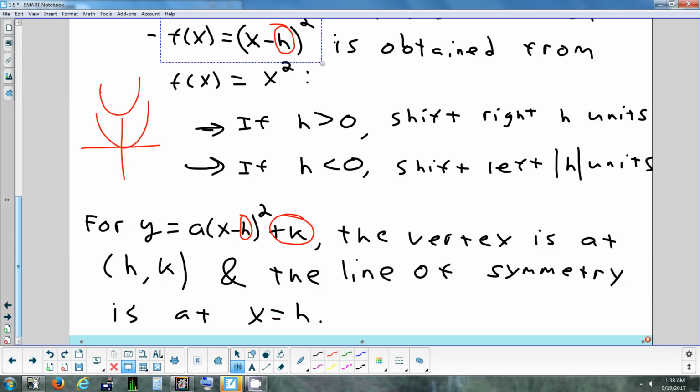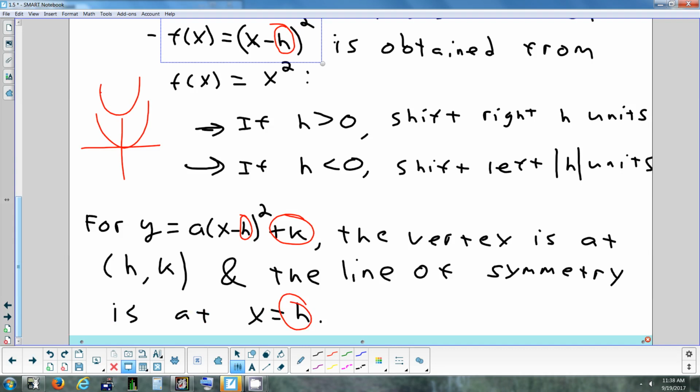The only thing that affects the line of symmetry is h. And what kind of line is this if it starts out x equals? You mentioned that yesterday. Yep, Ezekiel? A vertical line. Yep. So your line of symmetry is always x equals, and look at the number after the minus sign. Any questions on that?